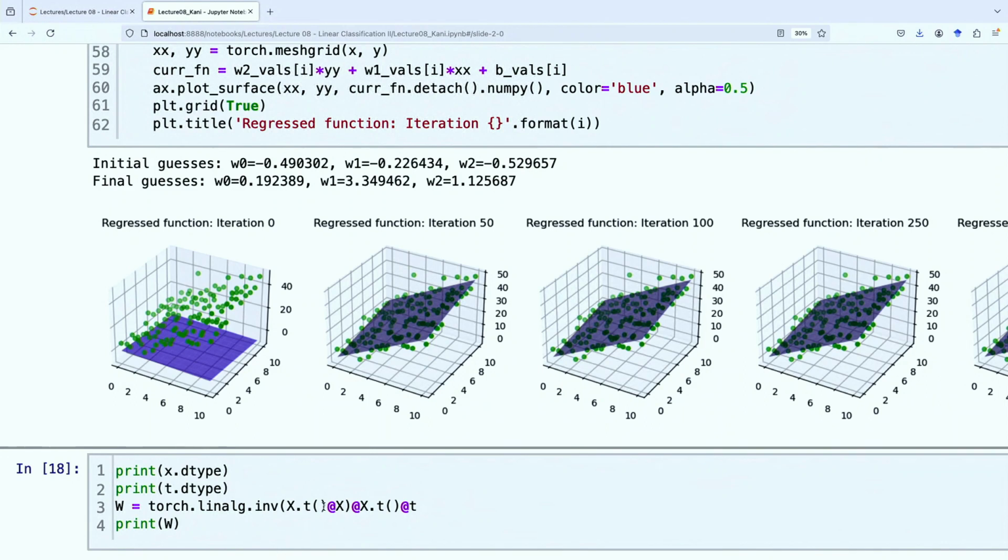We're going to come back to this matrix solution more in this lecture, but I just wanted to point out that we could still do the same matrix solution as we did last time.